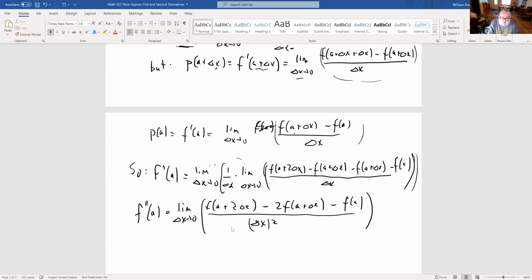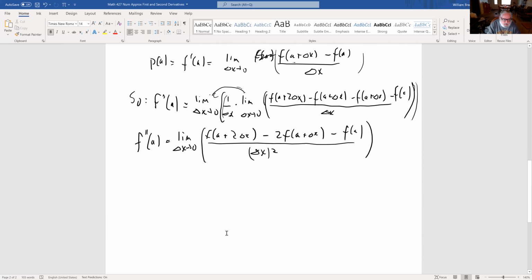Right, so this delta x times that delta x, we take the limit as delta x goes to 0 of this, and that's defined because we assume that we have a second derivative, and this is actually a first derivative, and then we take the limit again. Since all the limits are defined, we can combine this limit with that limit, essentially moving the 1 over delta x inside, and take the limit as delta x goes to 0 of the whole thing.